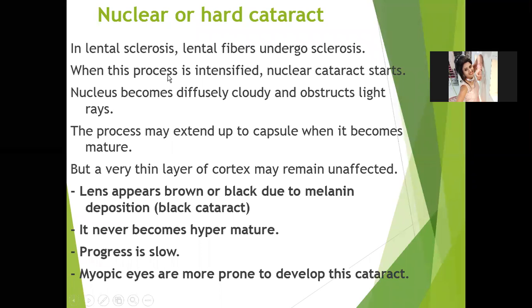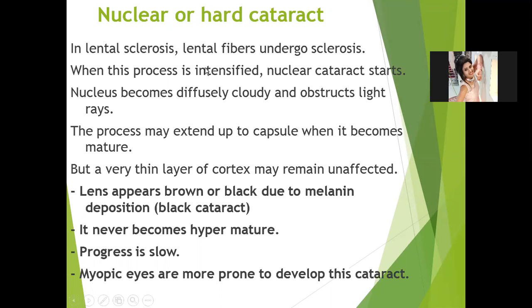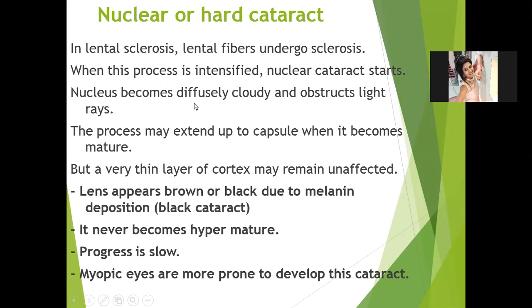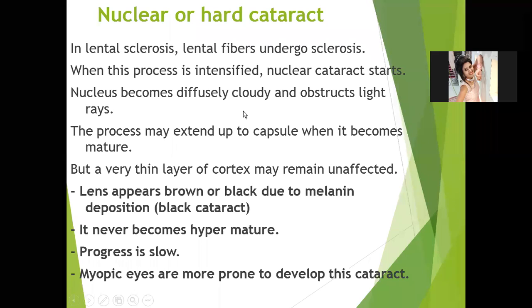So in lental sclerosis, lens fibers undergo sclerosis. When this process is intensified, nuclear cataract starts, and the nucleus becomes diffusely cloudy and obstructs the light rays. The process may extend up to the capsule when it becomes mature.